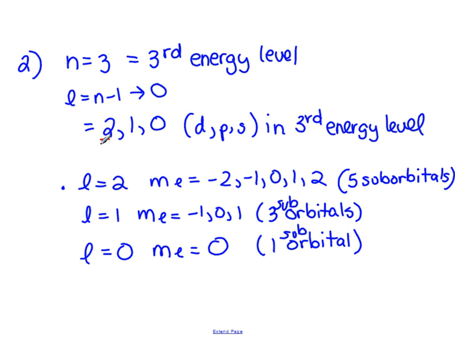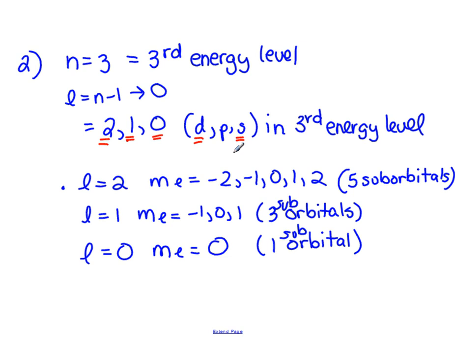So that means you're going to have an L value equal to 2, which is D, L value equal to 1, which is P, and an L value equal to 0, which is S. So you've got a D, a P, and an S orbital. 3D, 3P, 3S. So those are the allowed L values.